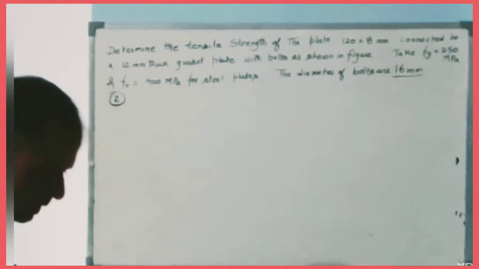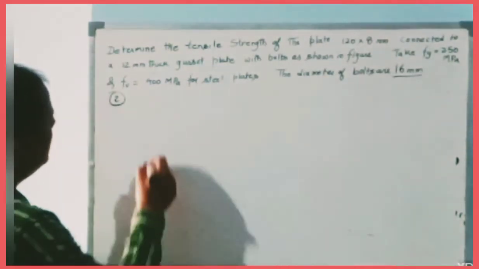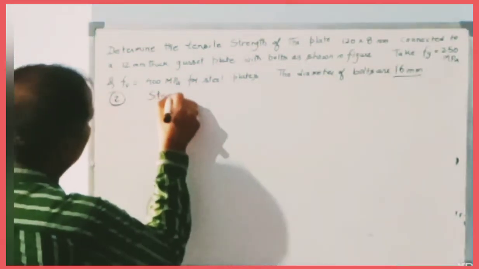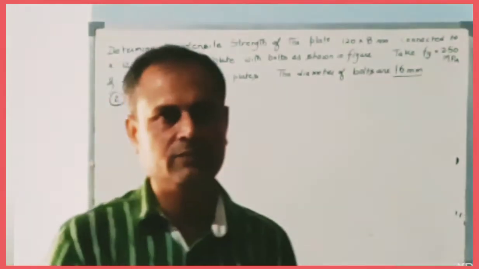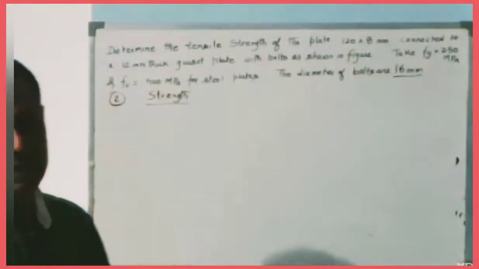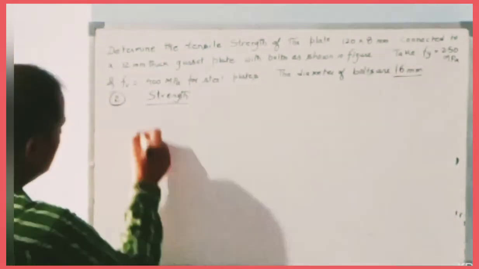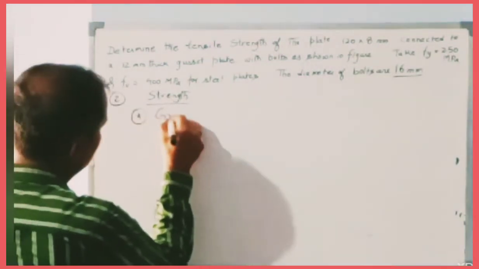Now our next step is to calculate the strength of the tension plate. We all know that in a tension failure there are three patterns of failure. First is gross failure.